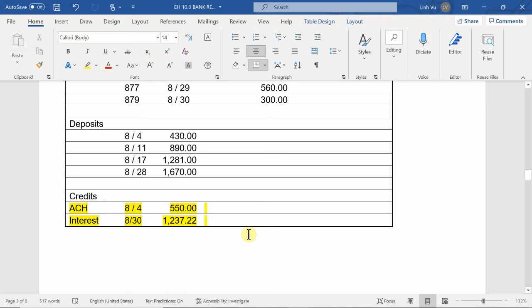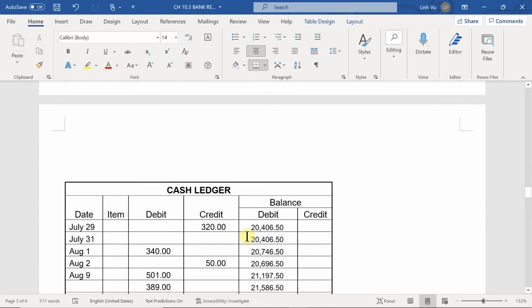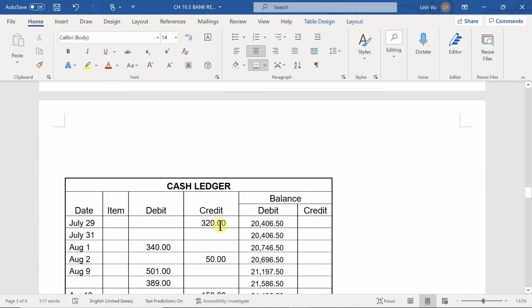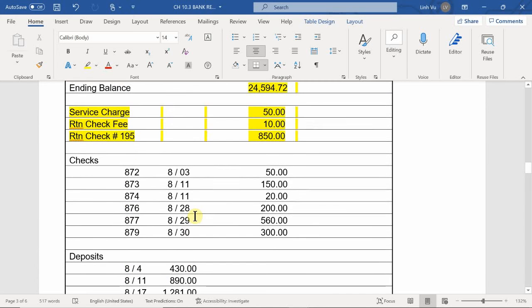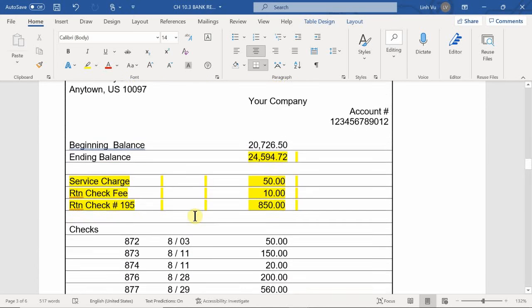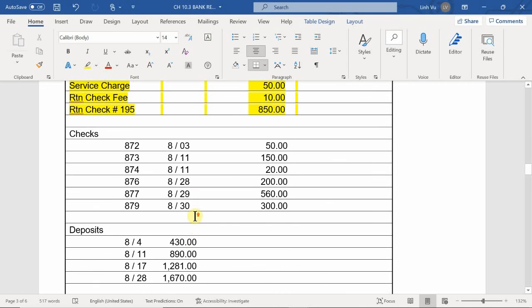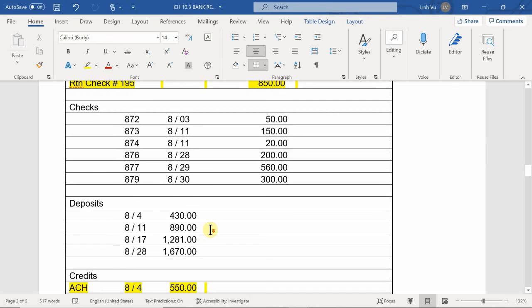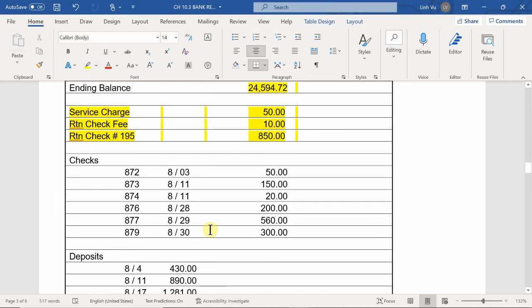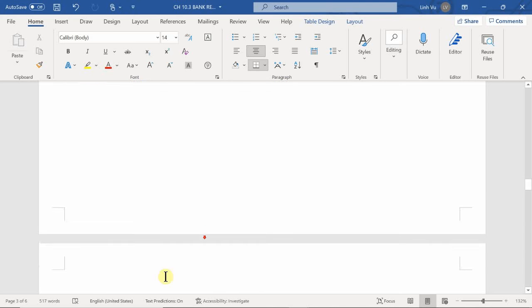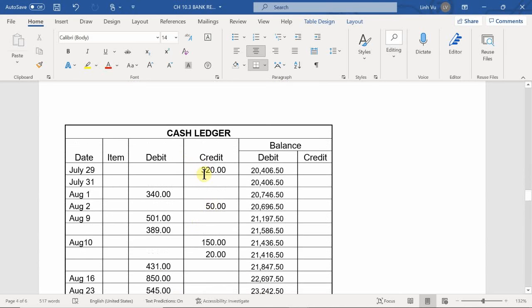So the first thing here is we subtracted out $320. Did that clear in our bank for the $320? No, that has not cleared yet.